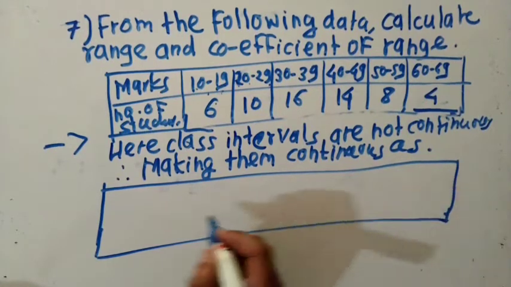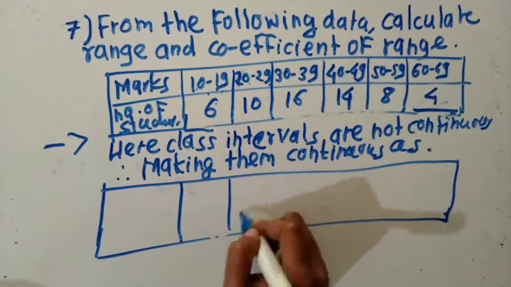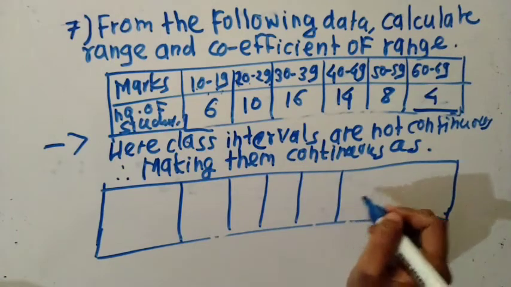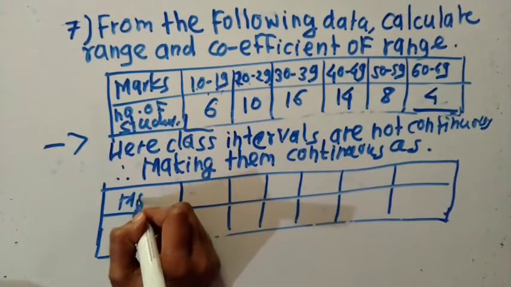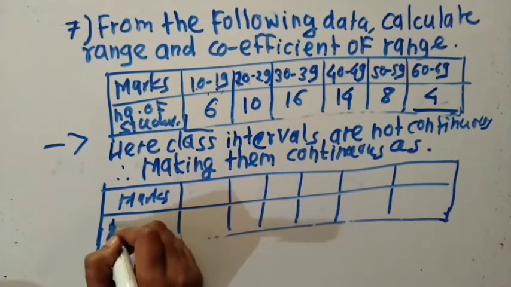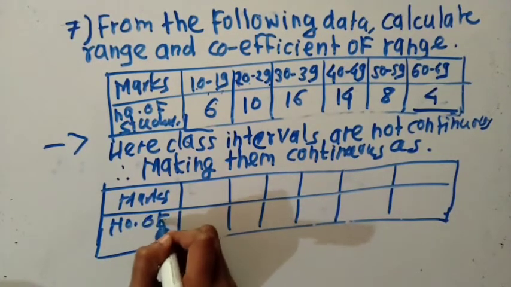Draw this chart. 1, 2, 3, 4, 5, 6. So this is marks and number of students.